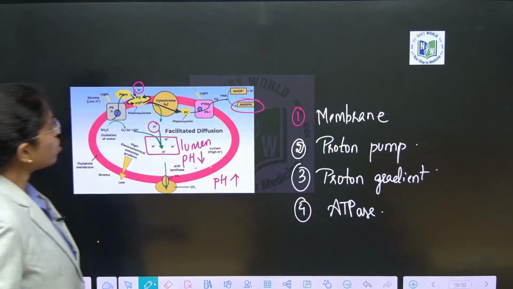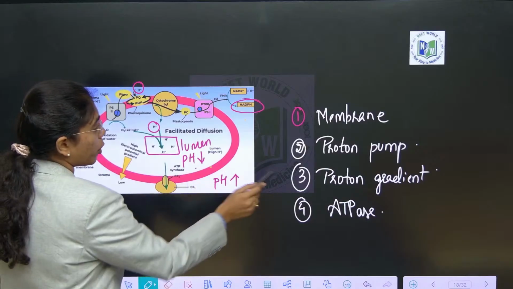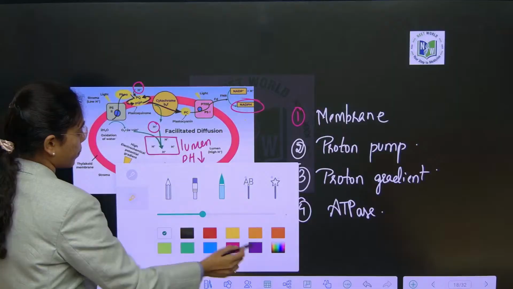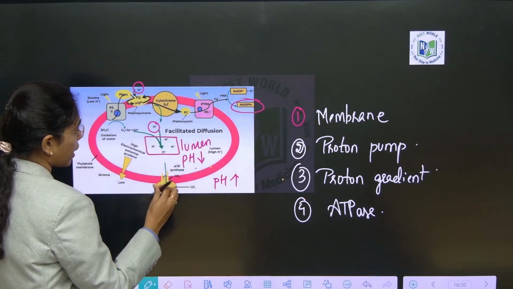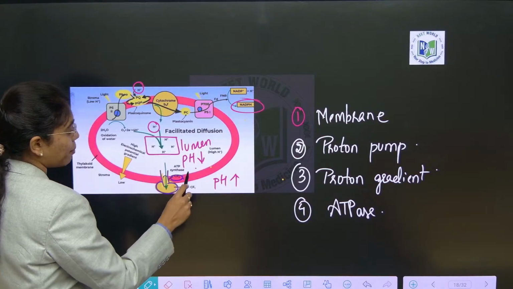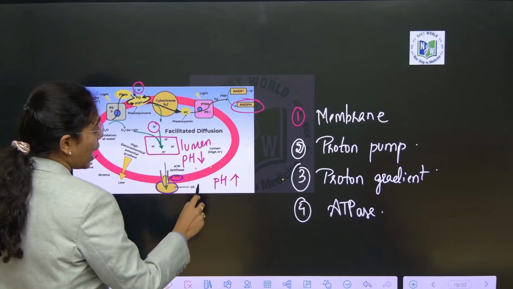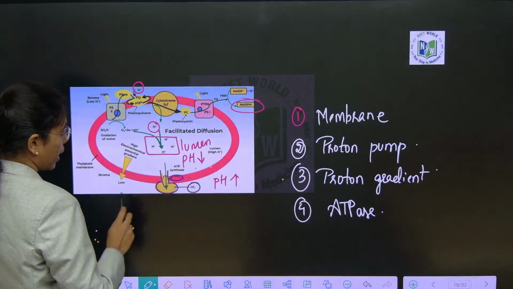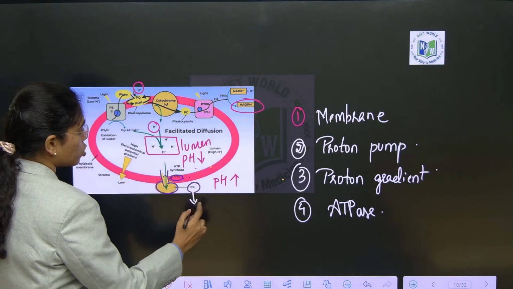Fine. So, here you see, first the proton pump which is operated is F0 F1 pump. Can you see here? F0 is embedded inside the thylakoid membrane and F1 is towards the stroma.